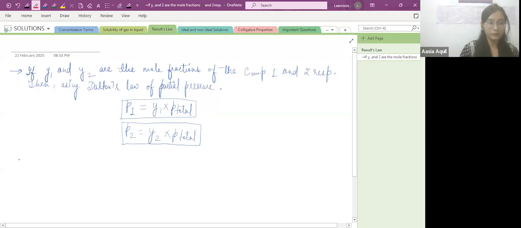Now here comes a special case of Raoult's law. Write down Raoult's law as a special case of Henry's law.